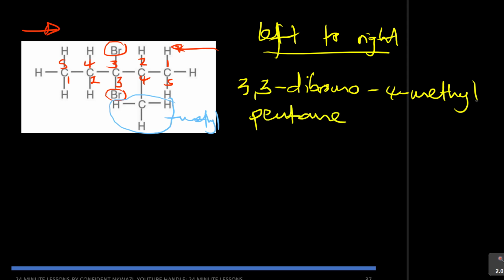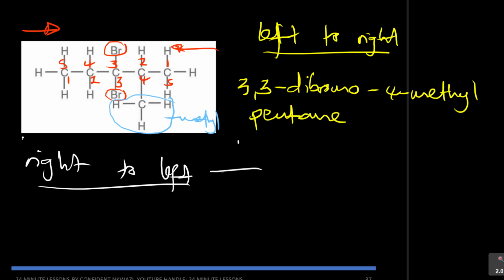Should have written it as one word, but don't forget you don't space. Methylpentane is one word. Look, that was from left to right. Let's move from right to left. Okay, let me write it down here.